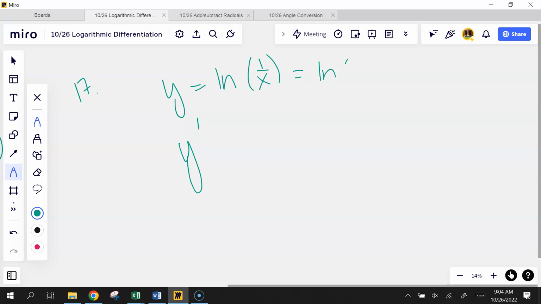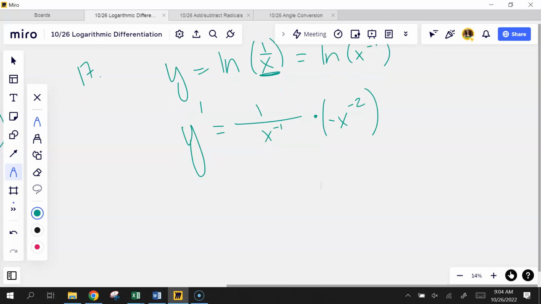I'm actually gonna rewrite this this way because I think it'll help you see what's going on here. So I do 1 over whatever's in the argument of the log, right? So 1 over x to the negative 1, or 1 over x times, now I have to chain it. So what's the derivative of x to the negative 1? Negative x to the negative 2, that's exactly right.